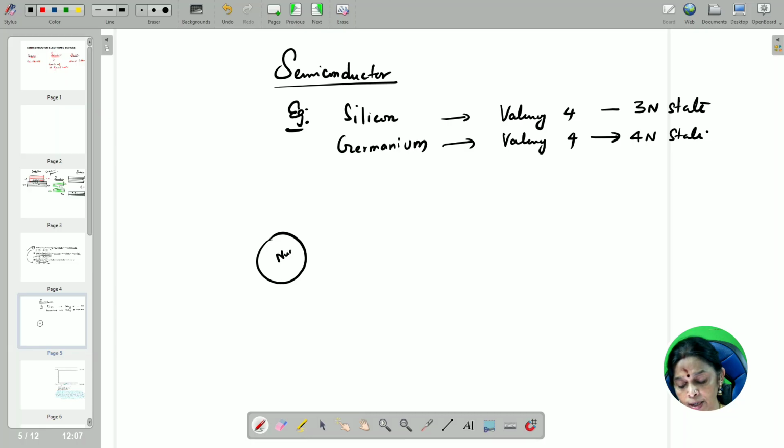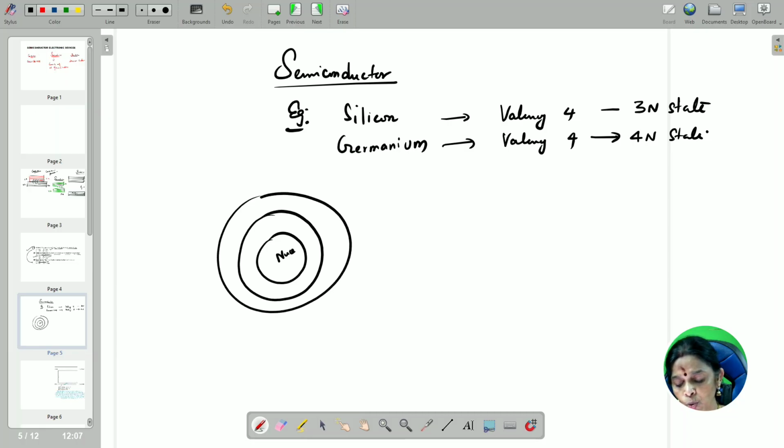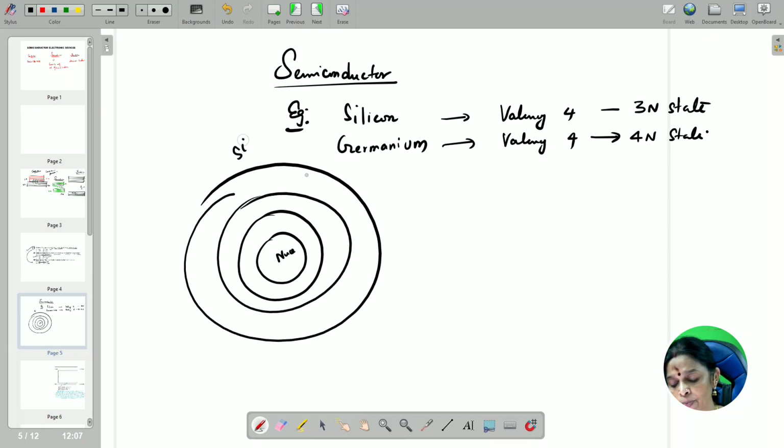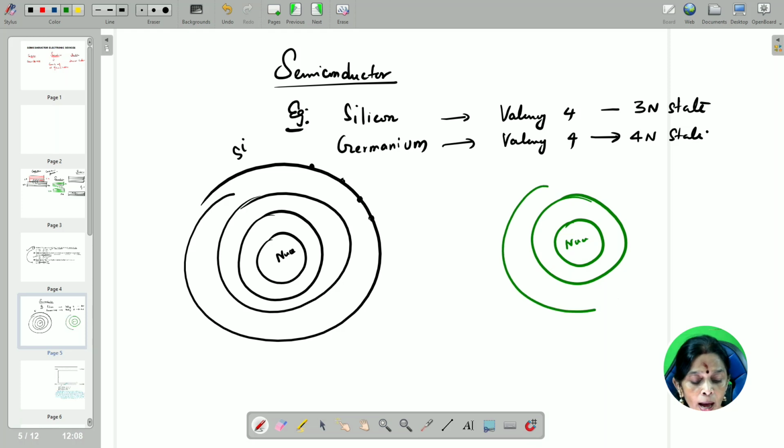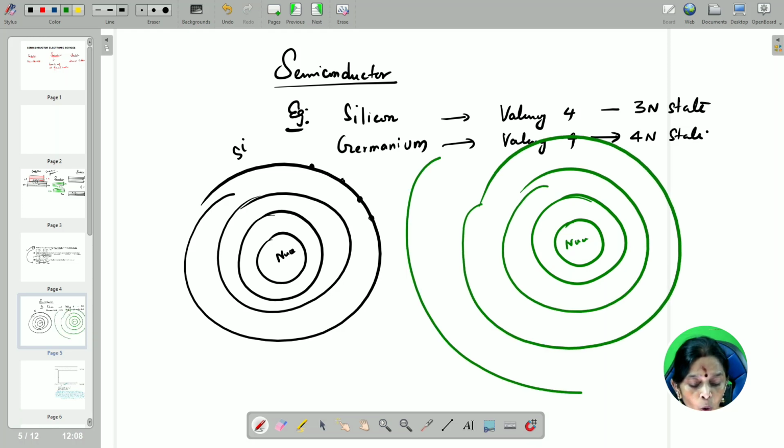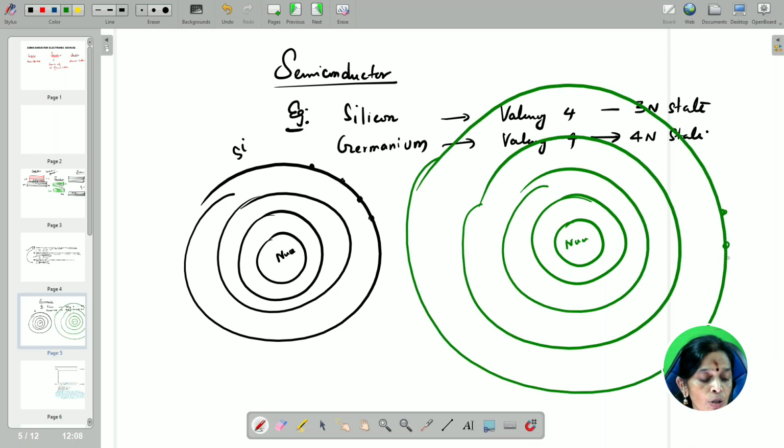So, this is the nucleus, 1, 2, 3, this is silicon. Now the valence electron is in the 3rd shell, whereas in germanium, 1, 2, 3, 4, the valence electron is in the 4th shell.